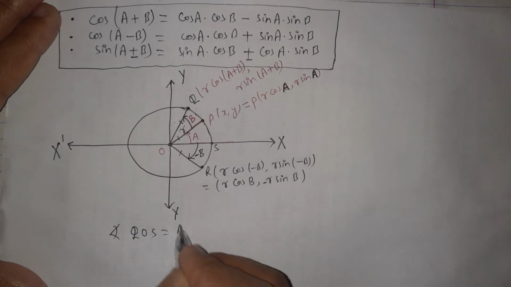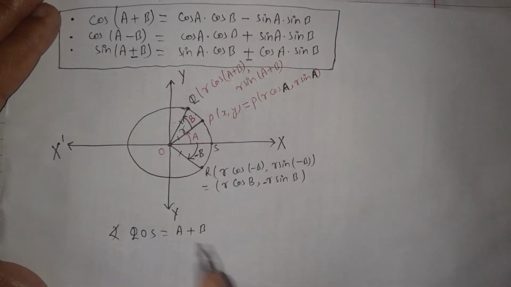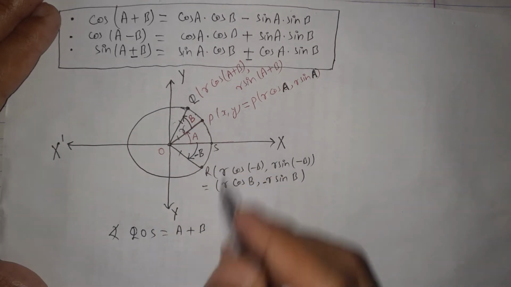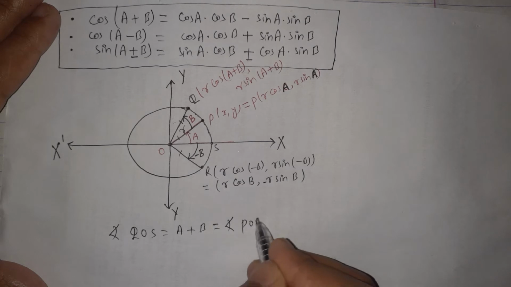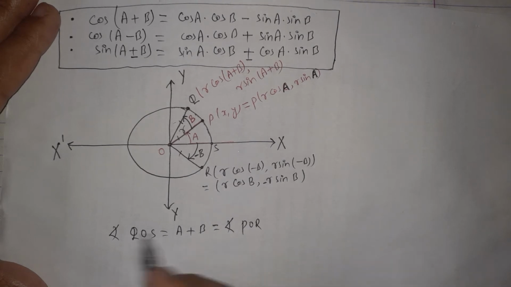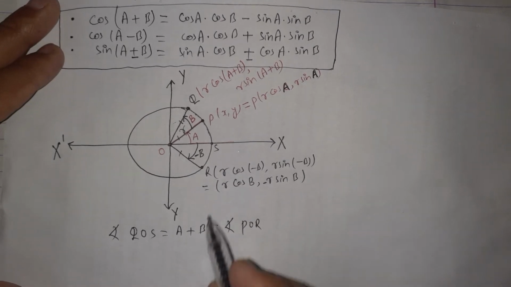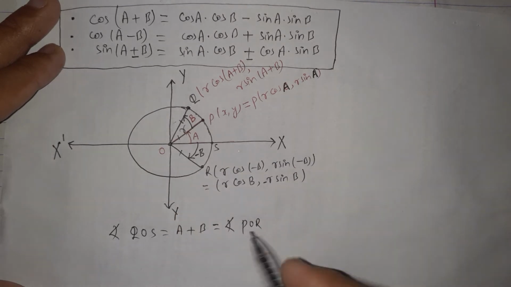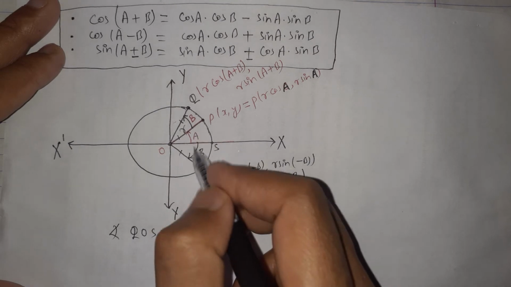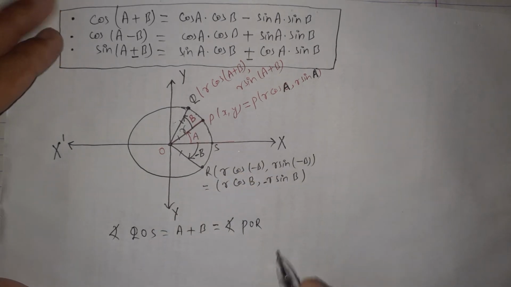The angle QOS is A plus B. Similarly, the angle POR is A plus B. They are equal angles. The angle POR is also A plus B here.